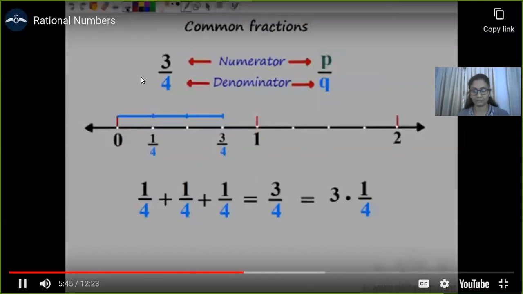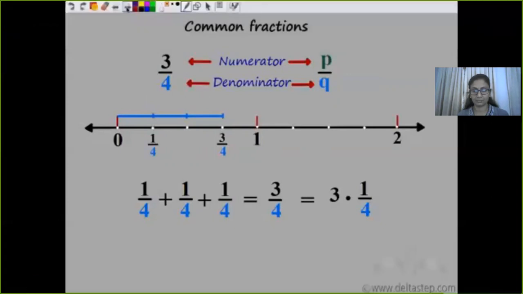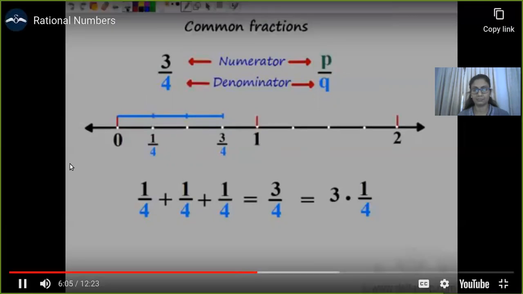So 3 of such units gives me 3 by 4. So 1 by 4 added 3 times gives me 3 times 1 by 4. Repeated addition of 1 by 4 is 3 times 1 by 4, which is nothing but 3 by 4. So we realize that a common fraction is nothing but a multiple of a unit fraction.